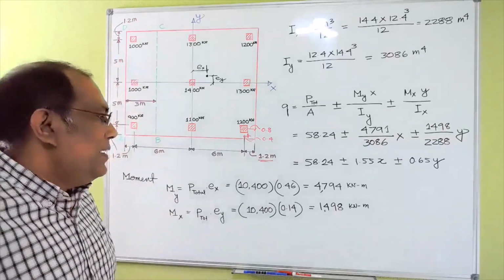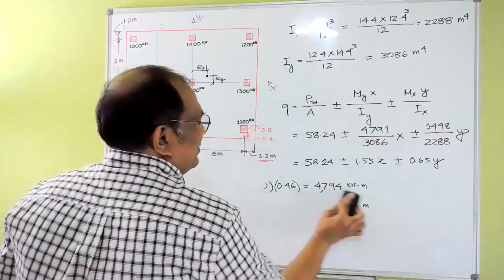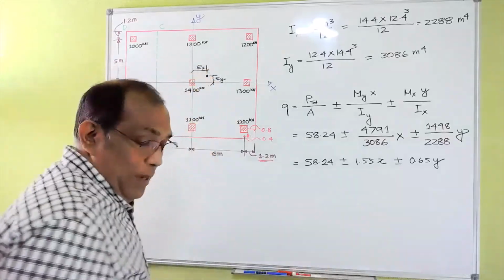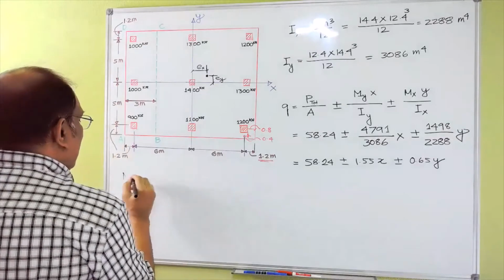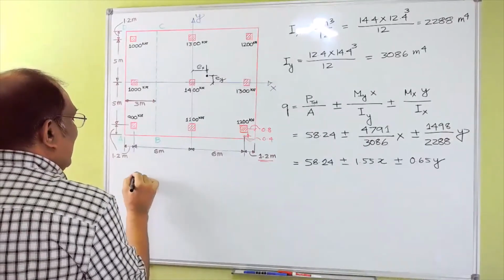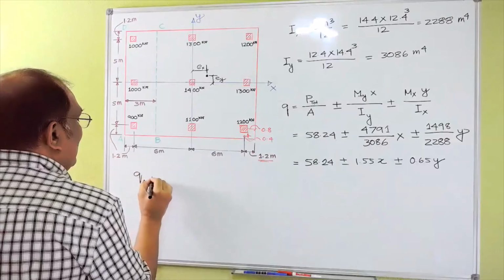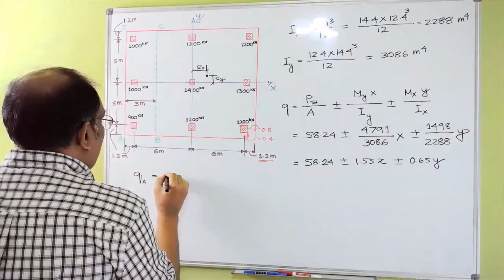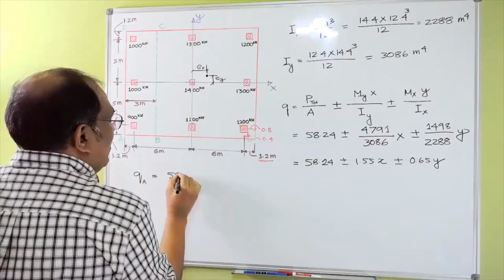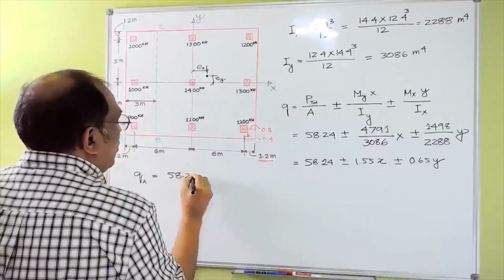So I'm keeping that one there. Pressure Q at A would be 58.24.